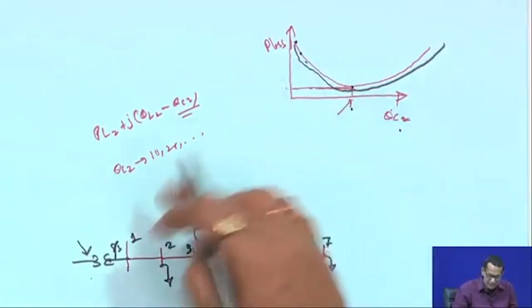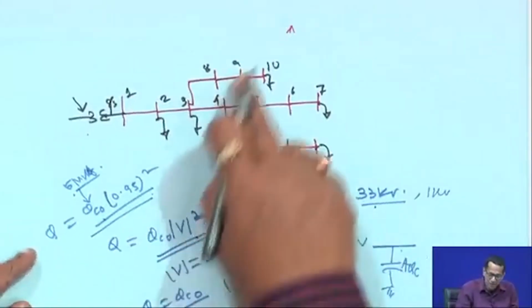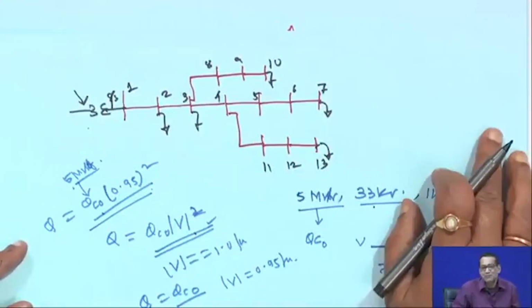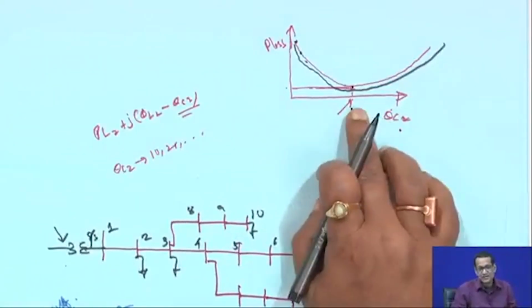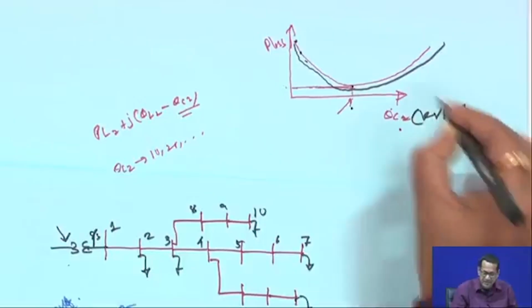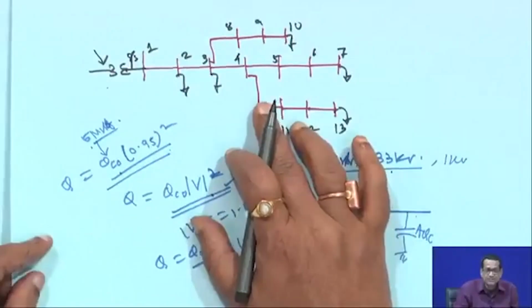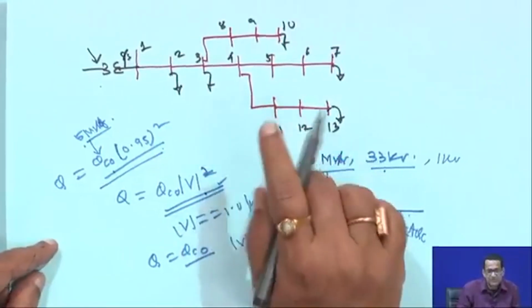Similarly, for each node one at a time, you have to find out which one gives you the minimum value of the loss and the corresponding capacitor value in kilowatt. You will find the best value of the capacitor for a single capacitor.